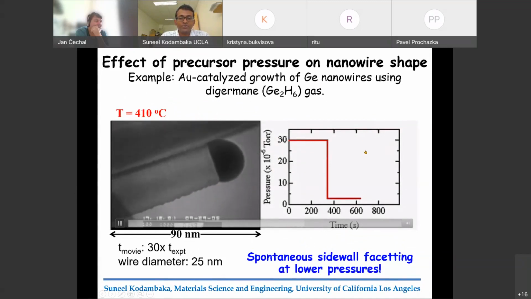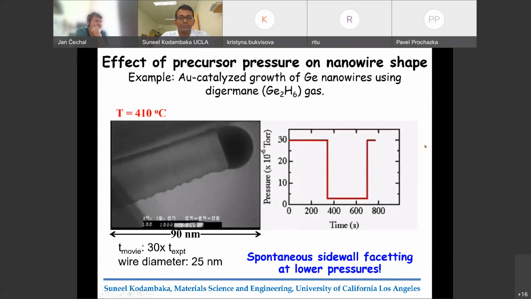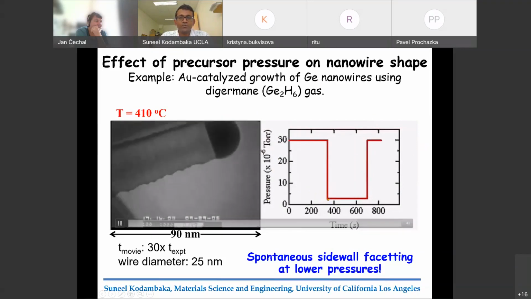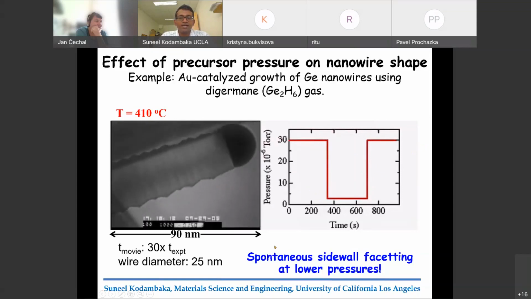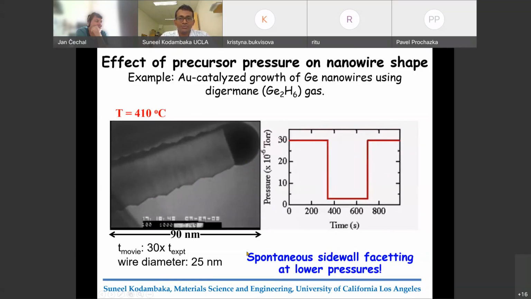And once you increase the pressure back up, it resumes this normal growth again. So we interpret this spontaneous facet formation as a leaking of germanium from the droplet. So basically, the droplet is initially supersaturated with germanium. And as you decrease the pressure, the excess germanium comes out of the droplet, and that excess germanium is deposited on the side walls.